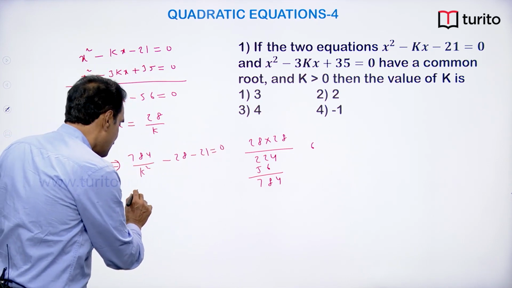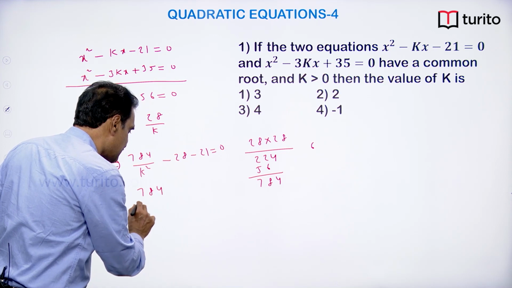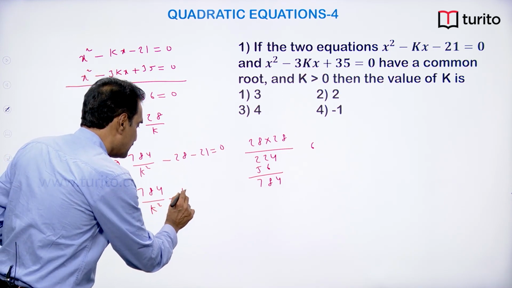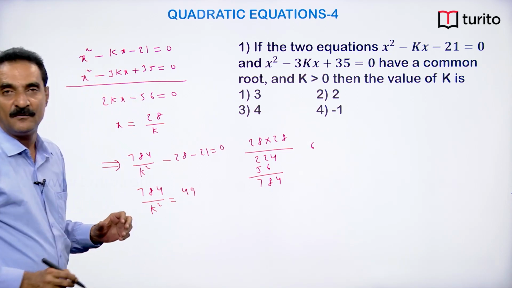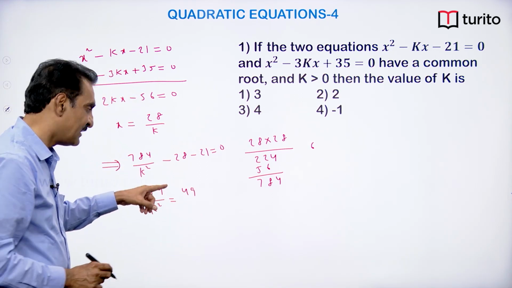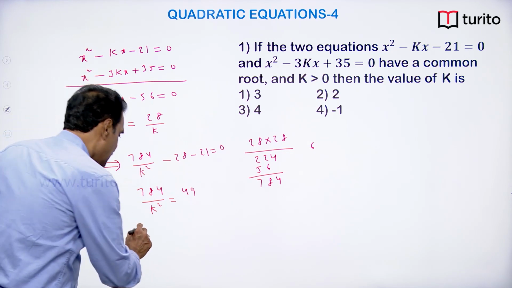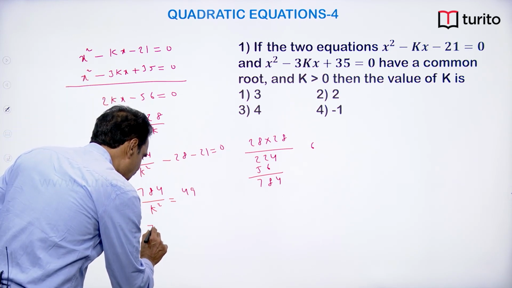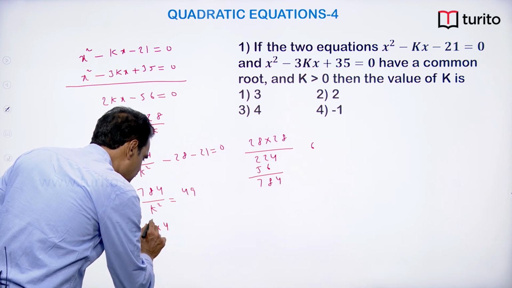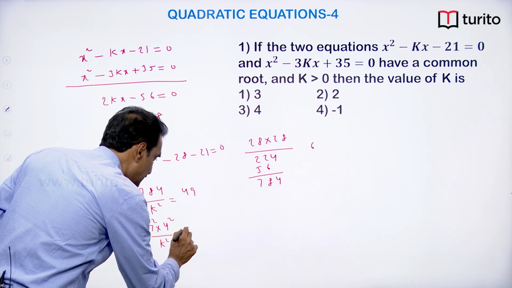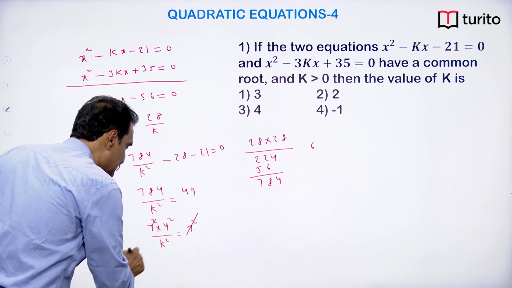So I will get 784 by k square is equal to 49. We know that 49 is 7 square. So let us keep this as 28 square only. 28 means 7 into 4. So 28 square means 7 square into 4 square by k square is equal to 7 square. 7 square cancels.